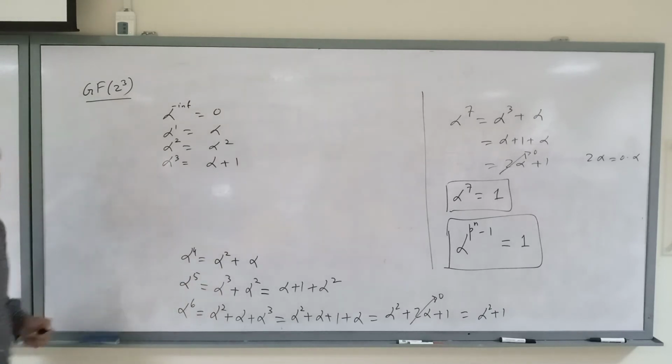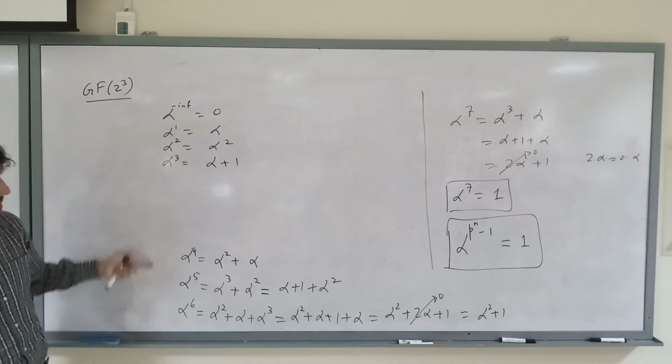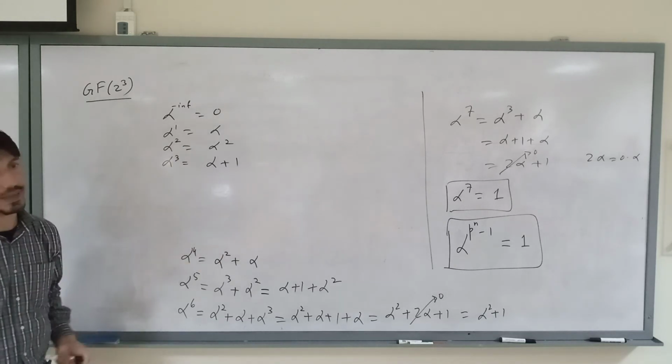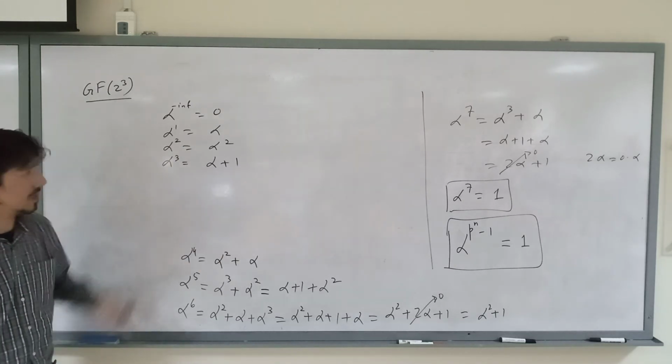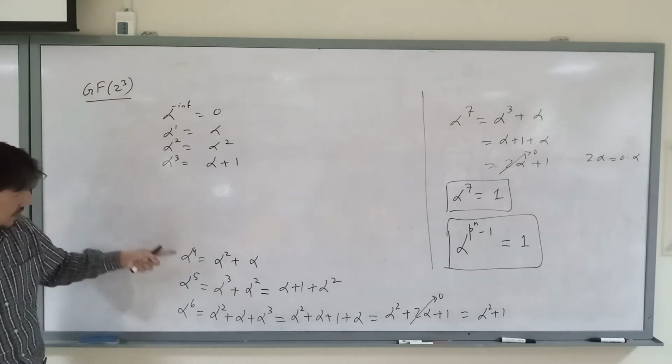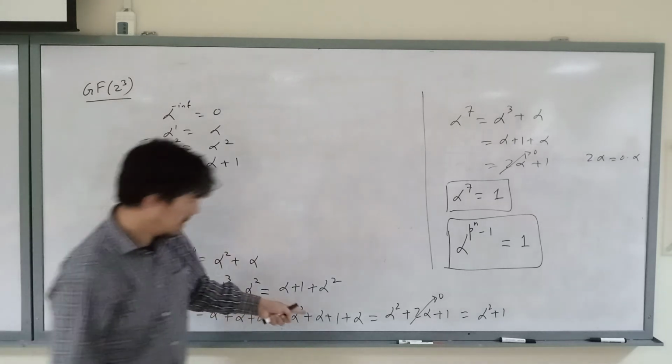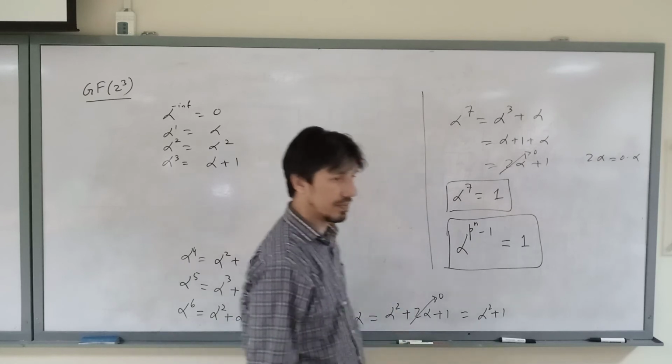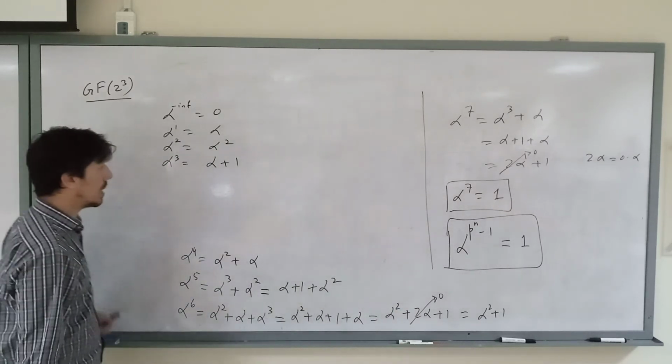How many elements are there? Total 8 बनते हैं. There are total 8 elements. 1, 2, 3, 4, 5, 6, 7, alpha 7, 8. ठीक है, मेरी बात फॉलो कर रहे हैं?